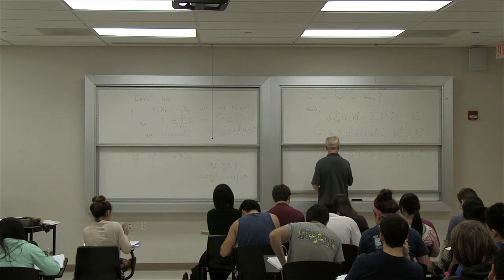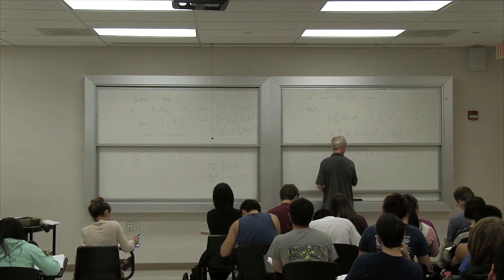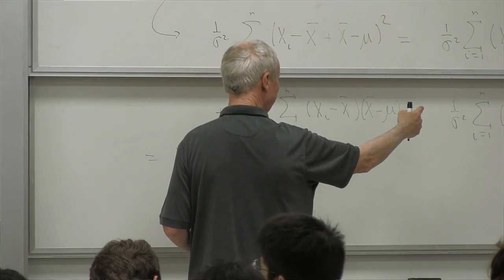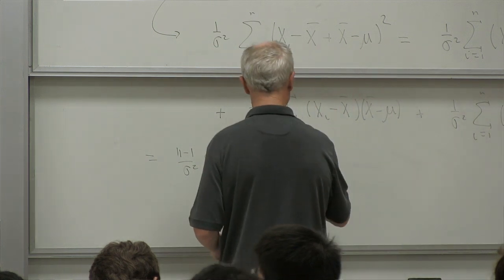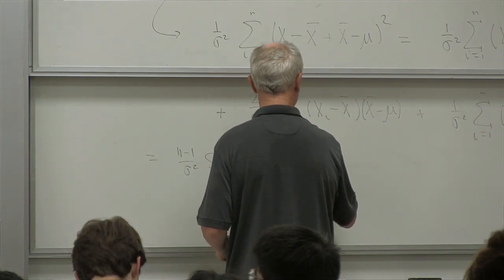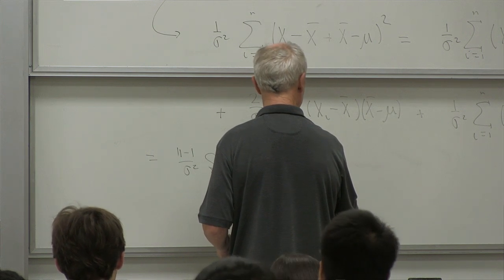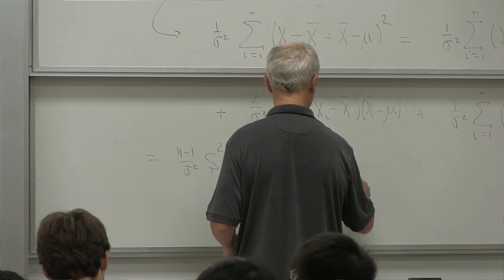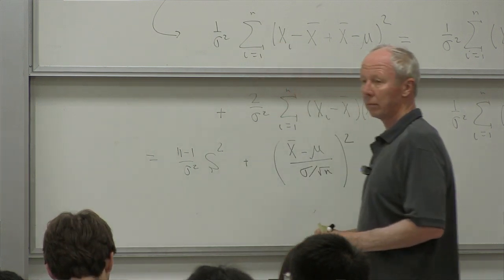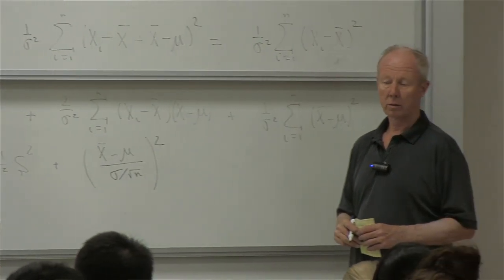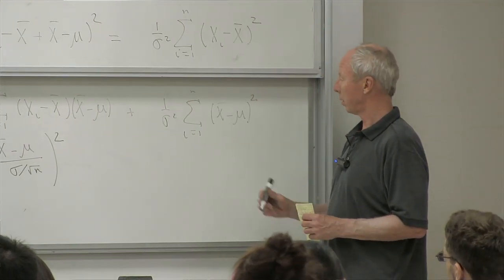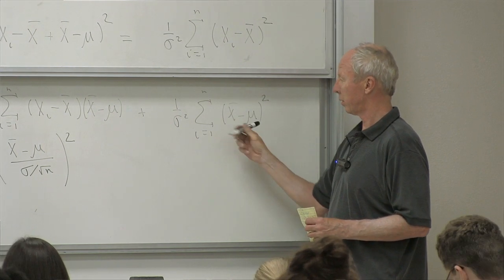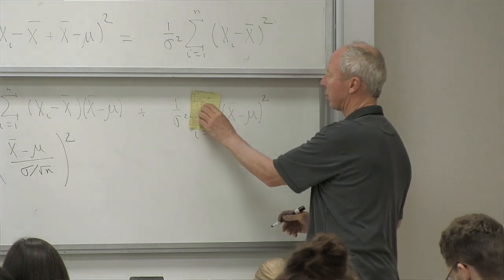And then I get this last term. I have the same thing every time, so I get n over sigma squared times that. We're going to write it this way: (x bar minus mu) divided by (sigma over root n), squared. When I sum this, it would be n times this, so I get an n over sigma squared without the sum.